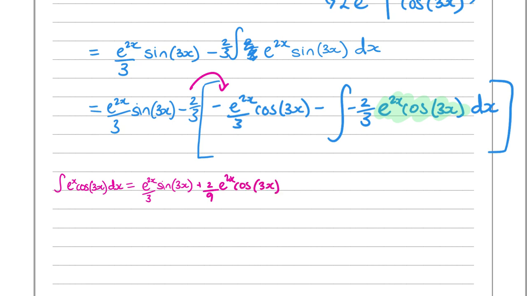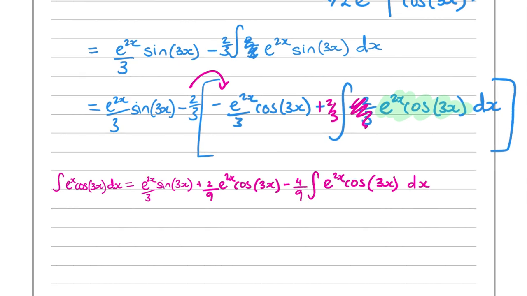Now, earlier, when I took out the 2 over 3, I'm going to take this out again. So now this becomes plus 2 over 3. But now I'm multiplying it by this negative, right? So now this becomes negative 4 over 9, lots of the integral of e to the 2x cos 3x with respect to x. So this is where I am.